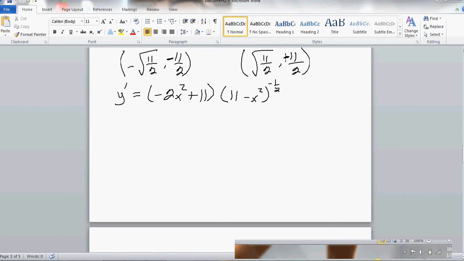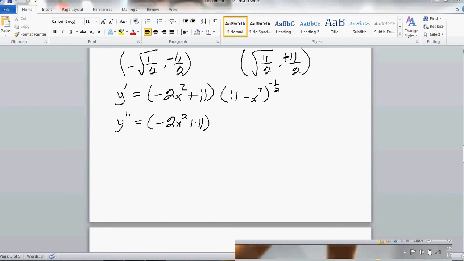So this is a product rule. We could have used the quotient rule or whatever. I just put it in this form, and now I can use the product rule, and realize the quotient rule is just a special situation of the product rule. So here we go. Finding the next derivative, or the second derivative, we leave the first one alone times the derivative of the second.